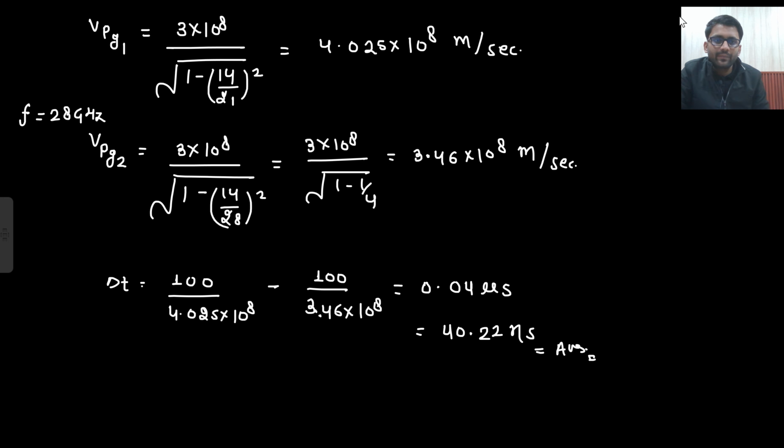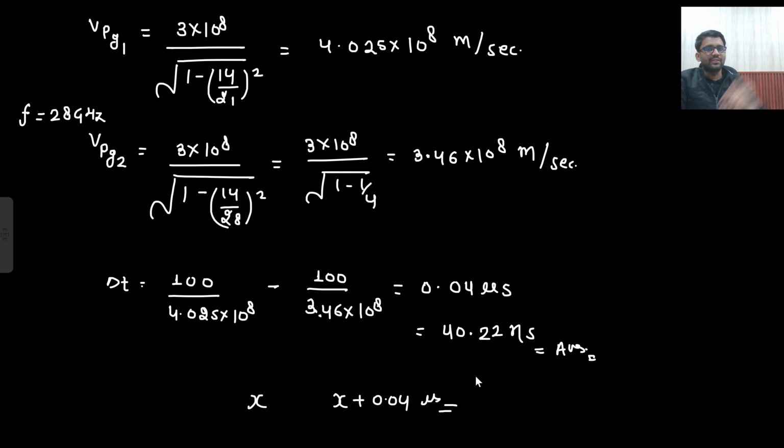Let me pause the video once. So they are having different f, that means they are having different phase velocities. If they are having different phase velocities, then what will be the time delay? So one wave will reach at some time. Let's just say one wave reaches at x time, the other wave will reach at x plus 0.04 microsecond. So the time delay will be 0.04 microsecond, or you can say 40.22 nanosecond.